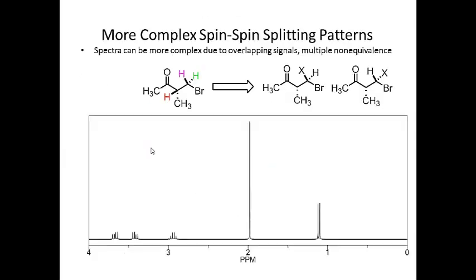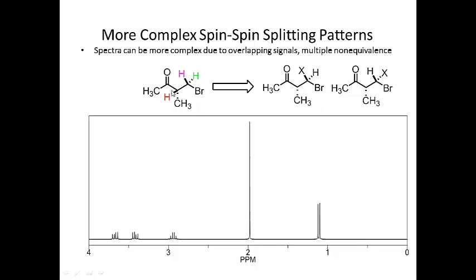Last thing I want to talk about is the diastereotopic protons, and I showed you an example earlier. This is a chiral center, and we have two protons adjacent to it. We call these protons diastereotopic because if I replace the pink hydrogen with another atom, or the green hydrogen with another atom, then I get two diastereomers because of that chiral center that's already present.